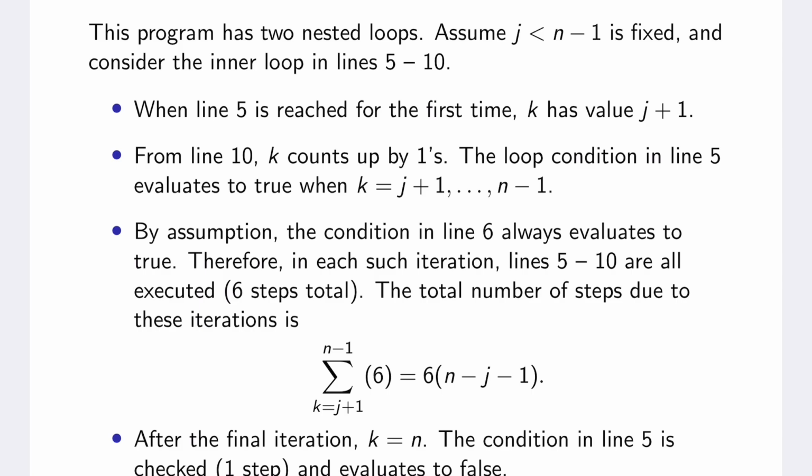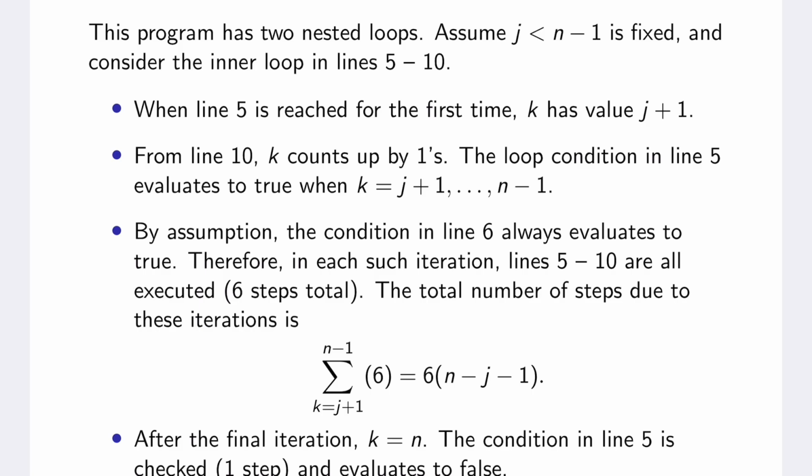So k starts at value j plus 1, as seen earlier. And then it counts up to n minus 1. Notice that this inner loop has a number of steps to it that depends on a variable outside of it.